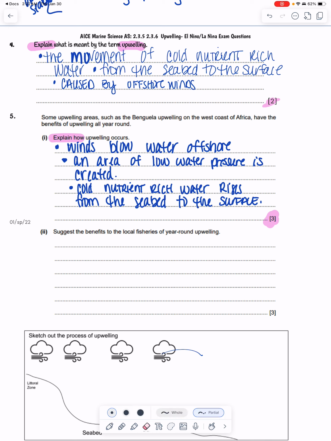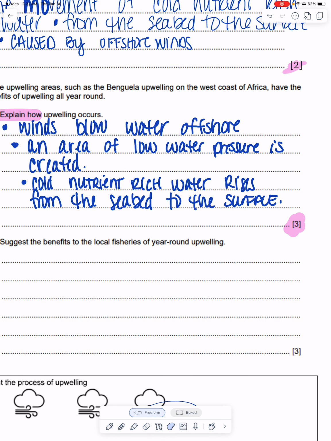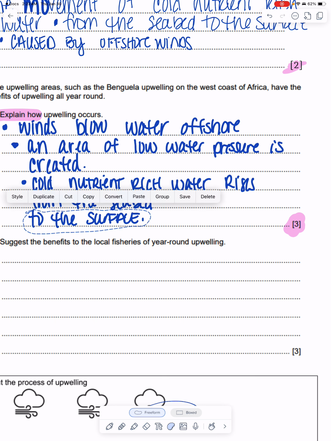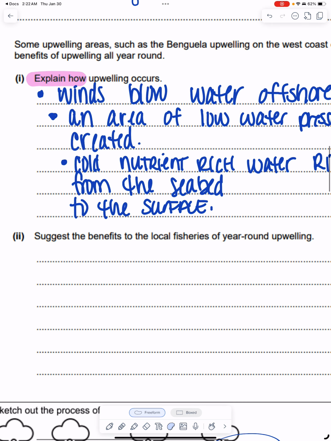And I'm going to actually cut this really quick. It's its own mark.